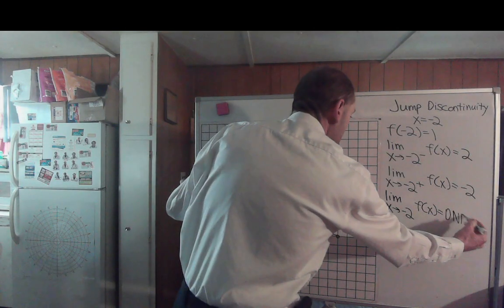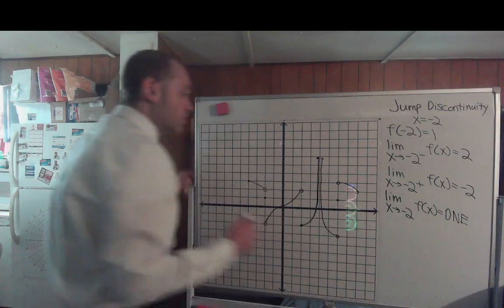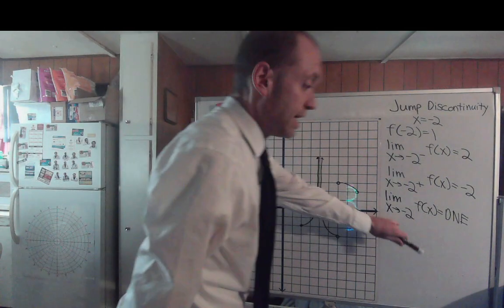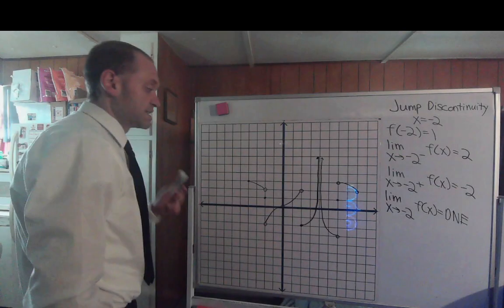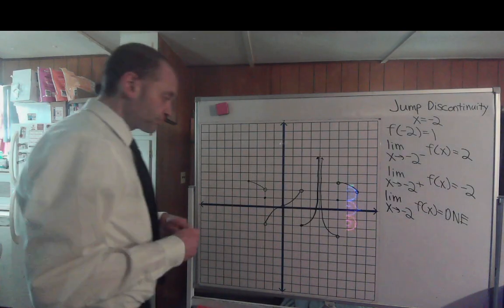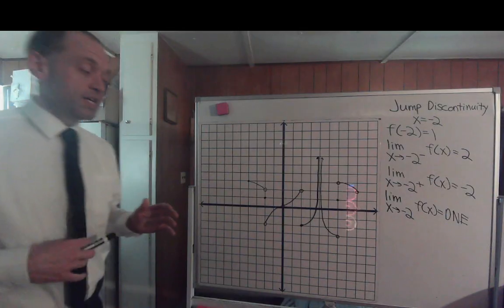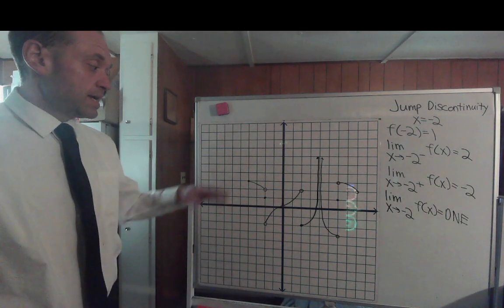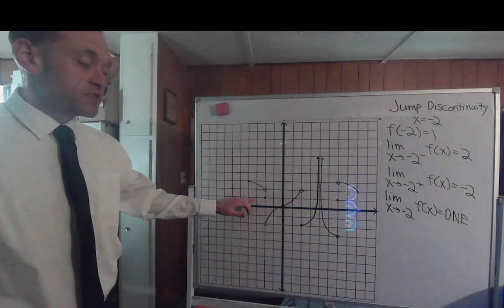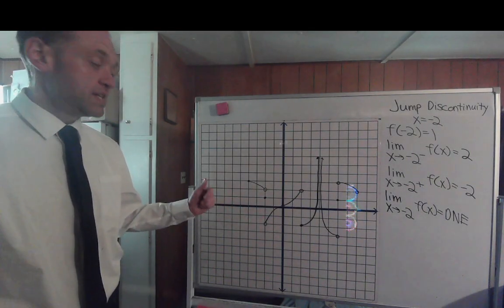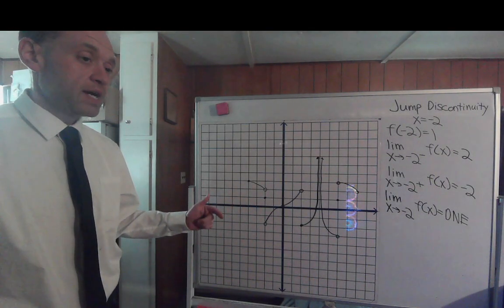So, therefore, the general limit at x equals -2 doesn't exist. Now, the next question is, at x equals -2, is this function continuous from the left or the right?